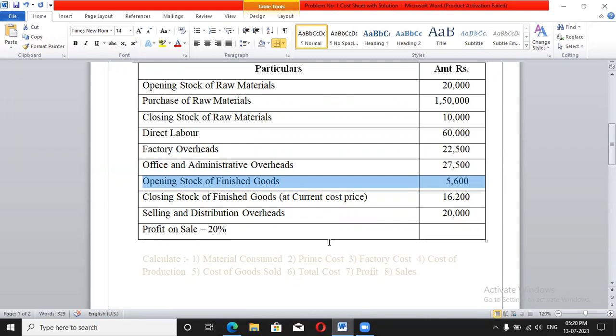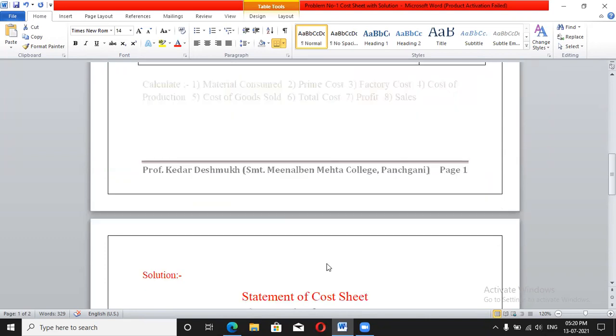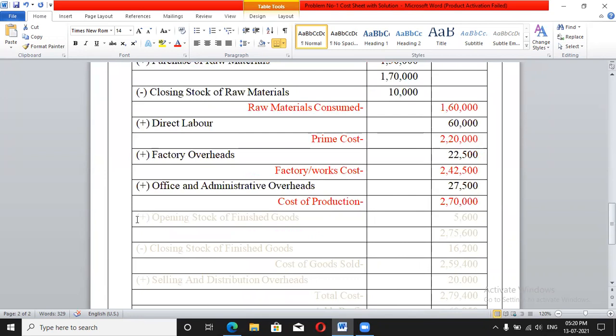This opening stock of finished goods is added to the cost of production. You see on your screen, opening stock of finished goods is 5,600. It should be added to the cost of production.